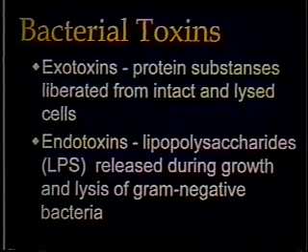Some bacteria produce endotoxins. This is mostly associated with gram-negative organisms. The lipopolysaccharide, which I mentioned previously, is released during the growth and the lysis of these bacteria, particularly in the gut or the enteron, is where much of this is located.